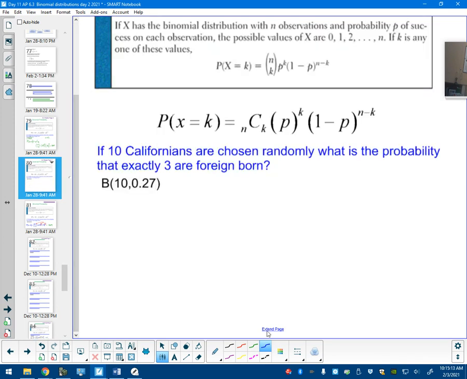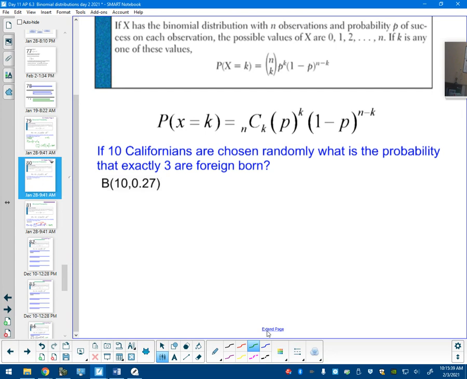So the notation is binomial: I have 10, and the success rate is 0.27. The chance of me picking somebody who is not born in the United States, if they live in California, is 27%. You must have this notation down regardless of the way you choose to get the answer, because there's about 5 different ways you can get the answer.